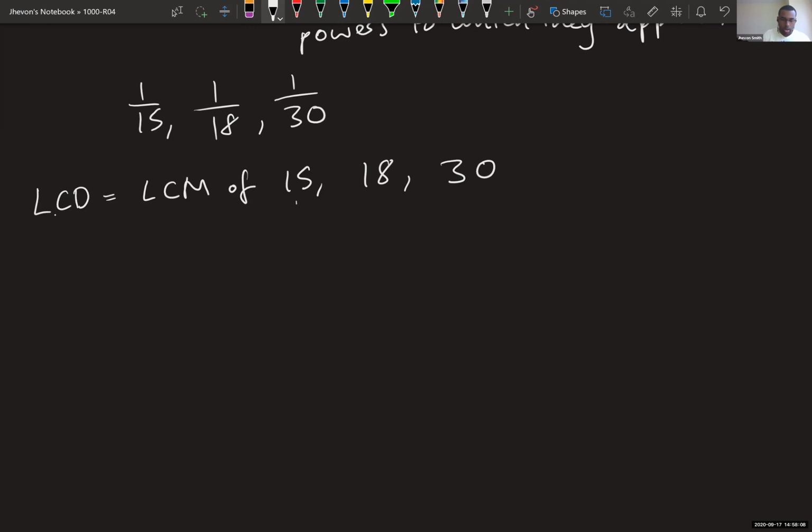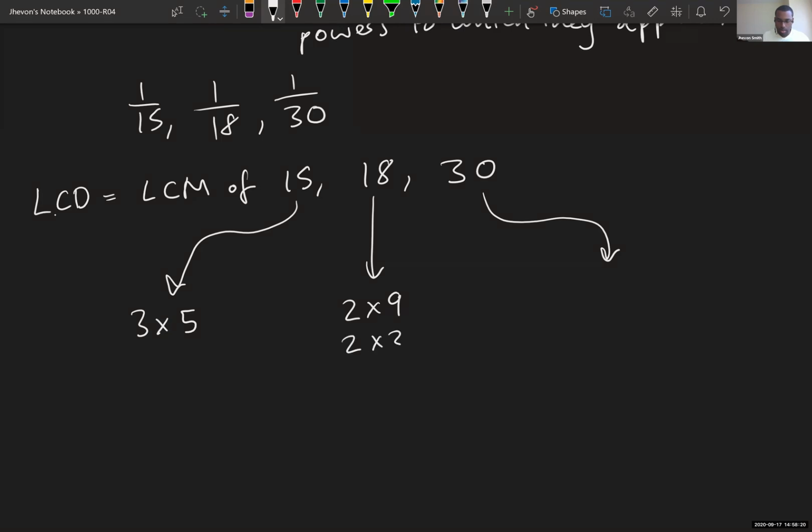How do we do that? Well, for each of these, we're going to consider their prime factorizations. So 15 is 3 times 5. 18, you can think of this as 2 times 9, or 2 times 3 squared. 30, you can think of that as 2 times 15, the same as 2 times 3 times 5. So these are the prime factorizations.